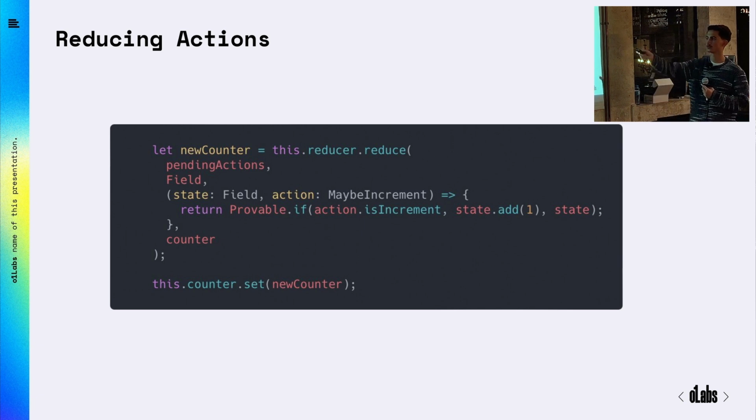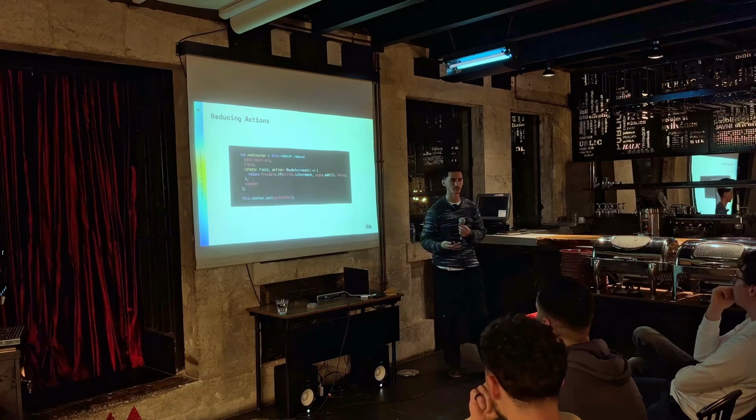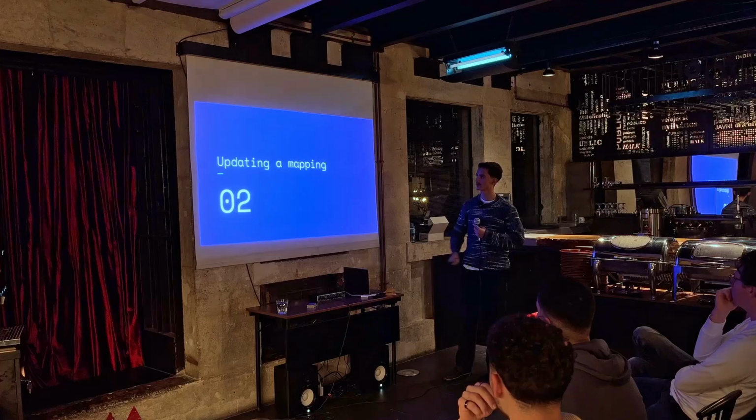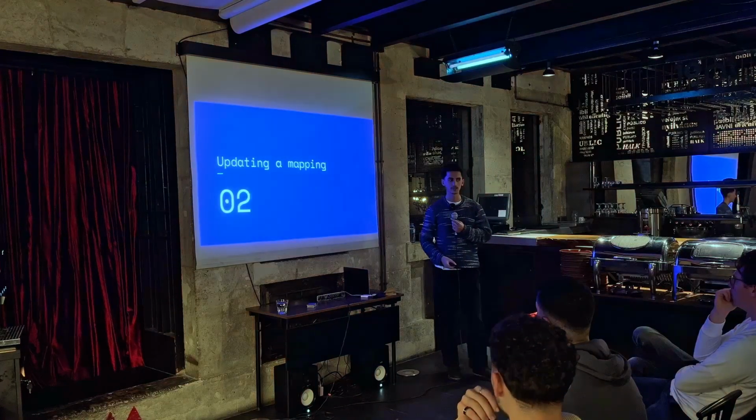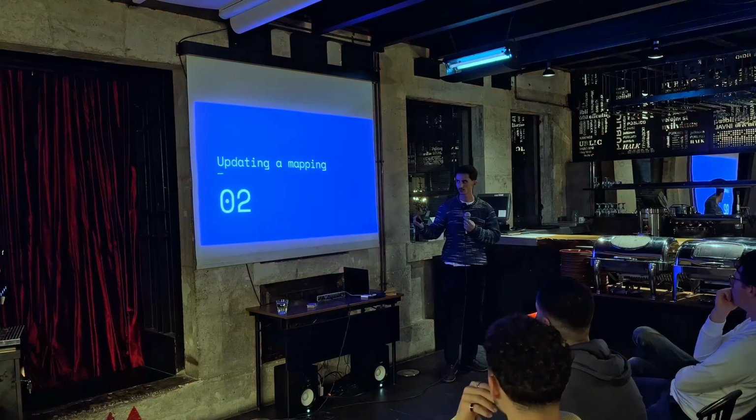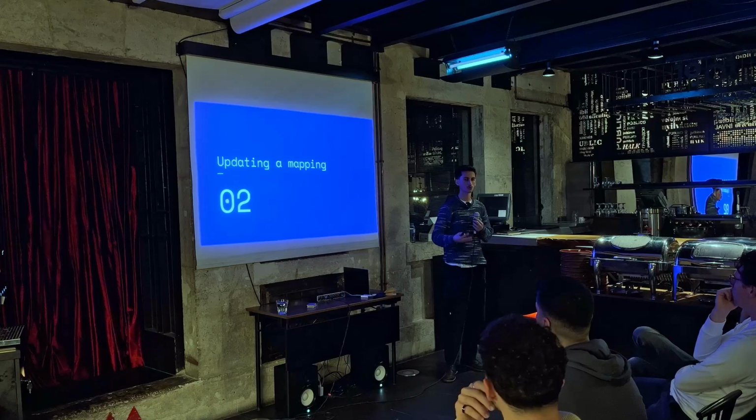And we pass the initial value, which is the on-chain state field. Then we reduce it, and we update the counter with the value that the reducer returns. So now the increments have happened, and now the state is updated, and there is no concurrency here.